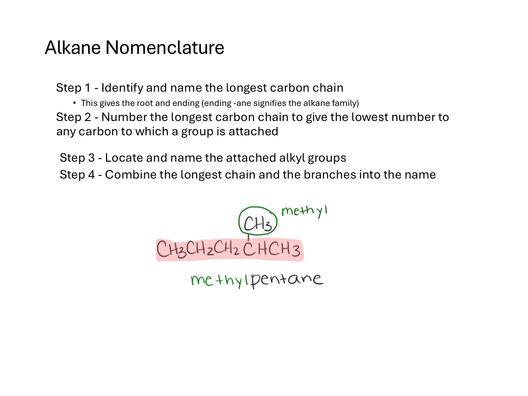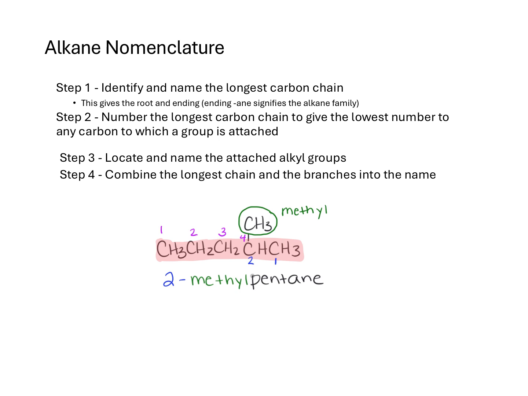So what do I mean by that? Well, if we number from left to right, 1, 2, 3, 4, right? It would be in the 4 position. But if we number from the other way, 1, 2, from right to left, that gives us a lower number. It's in that second position. And so that's the number we use, 2-methylpentane. So you want to keep these numbers where they're the lowest number when you're going through and naming.